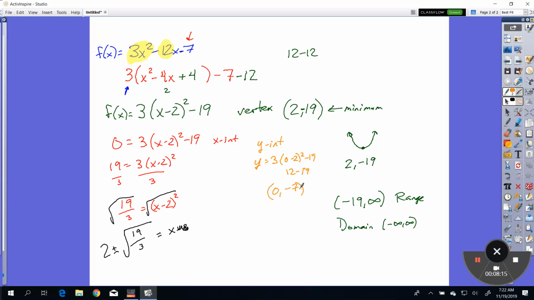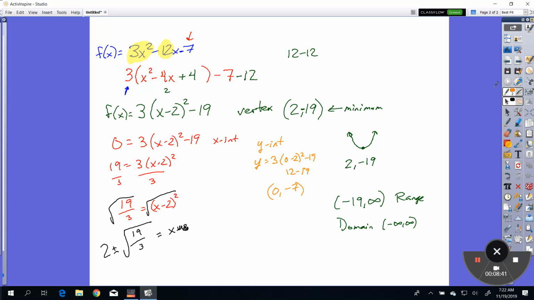So on all of these problems, you're supposed to write the function in vertex form, determine the x-intercept, sketch the function, determine the minimum or maximum value, identify the vertex, which we've done, determine the y-intercept, determine the axis of symmetry, write the domain and range. So everything that we've done on this is what you're supposed to do on these problems.